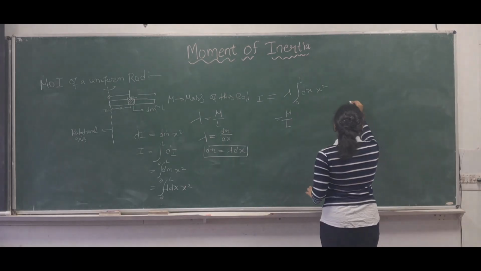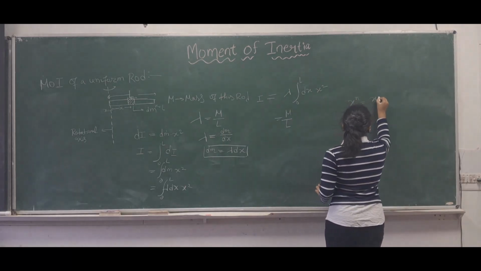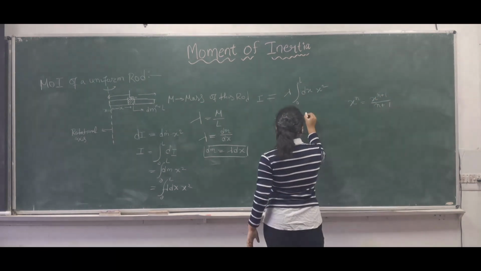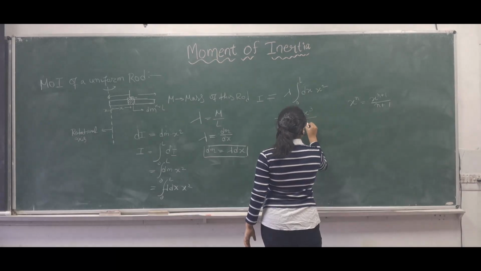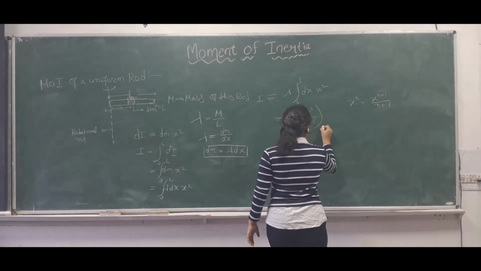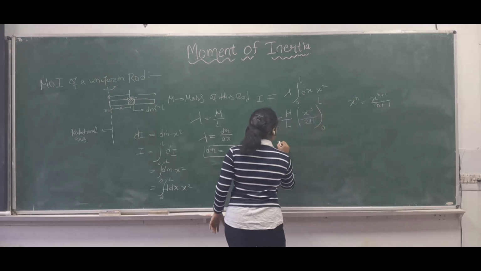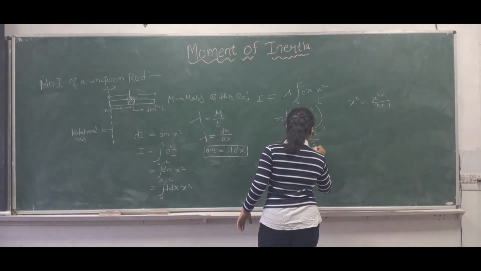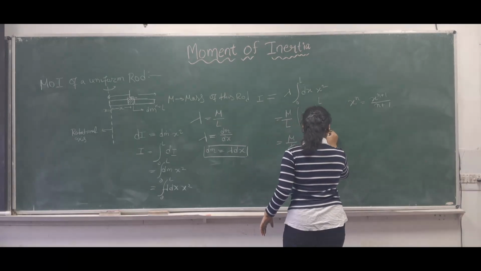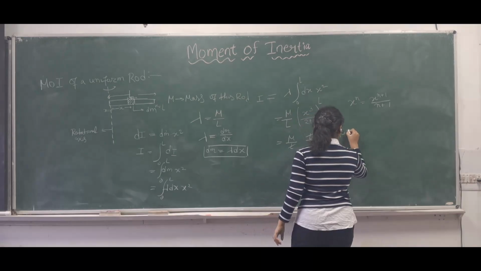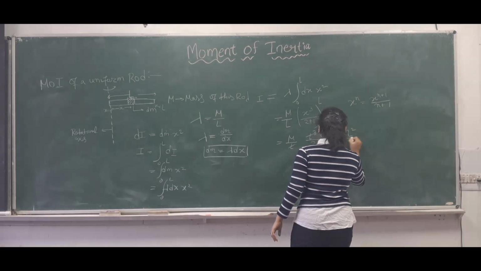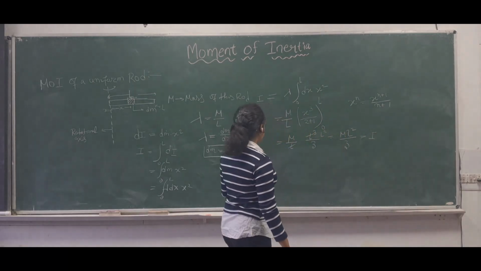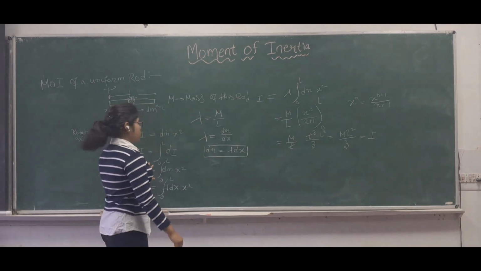For the integration, x to the power n integrates to x to the power n plus 1 by n plus 1. Therefore x square integrates to x cube by 3 from 0 to L, giving lambda L cube by 3, and with lambda equal to M by L, M L square by 3 is the moment of inertia of this rod.